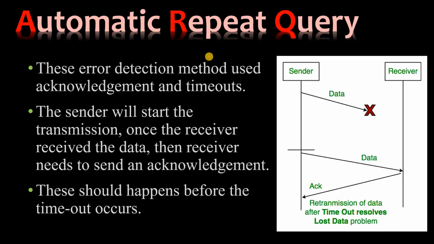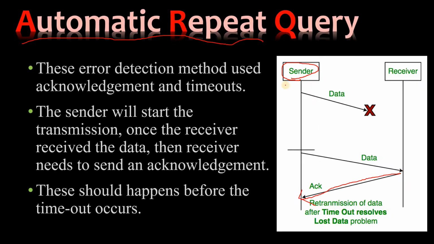Always the sender will start transmitting the data and the receiver receives. ARQ uses a timer and acknowledgement as a tool to complete the transmission. Once the sender started transmitting data, the timing signal will start. Within the particular timer, the receiver has to send a receipt that is known as an acknowledgement.